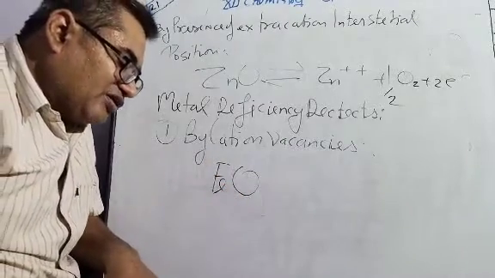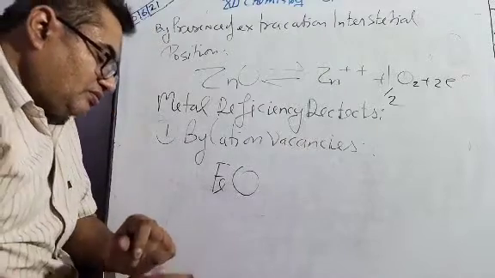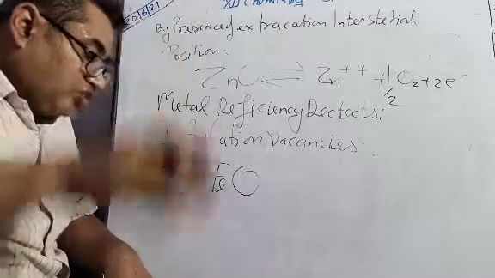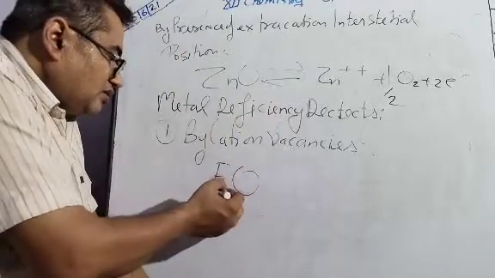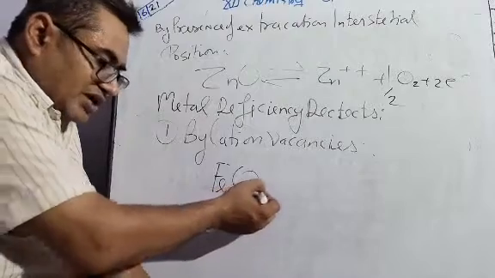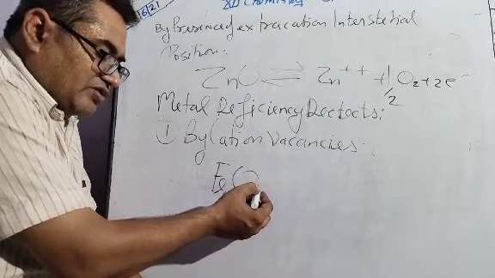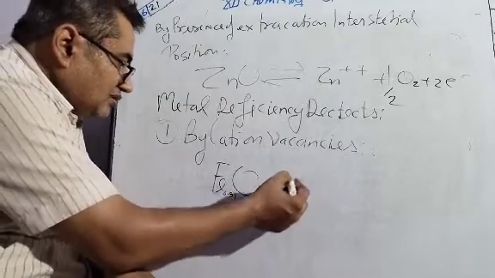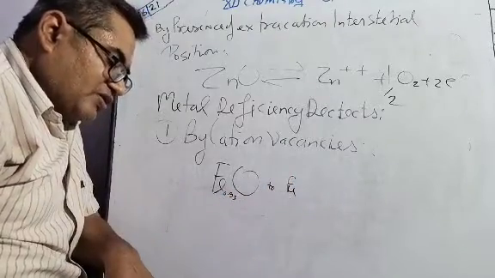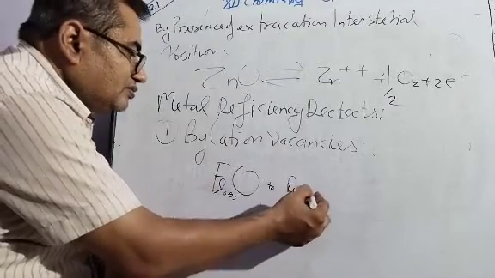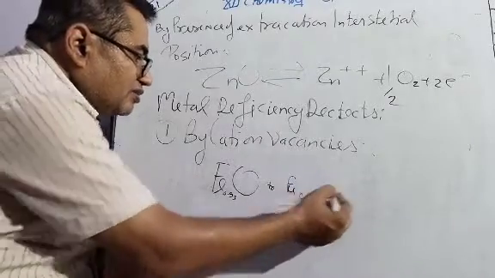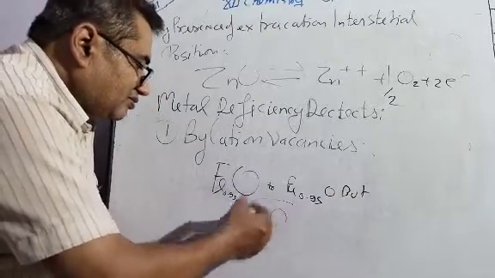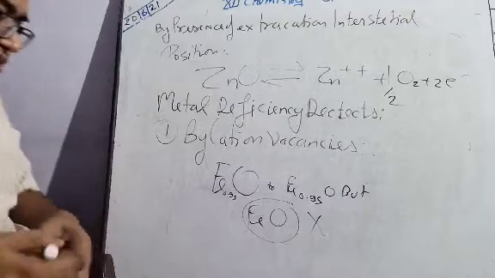In iron oxide, it is like Fe0.93 O, or Fe0.95 O, but this defect is not found in Fe itself.